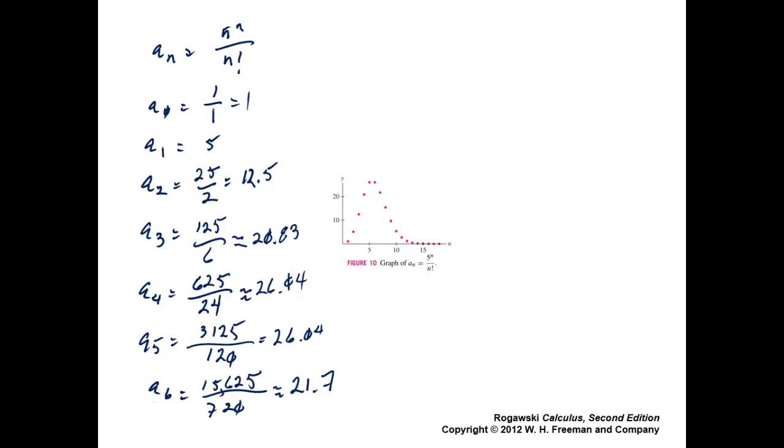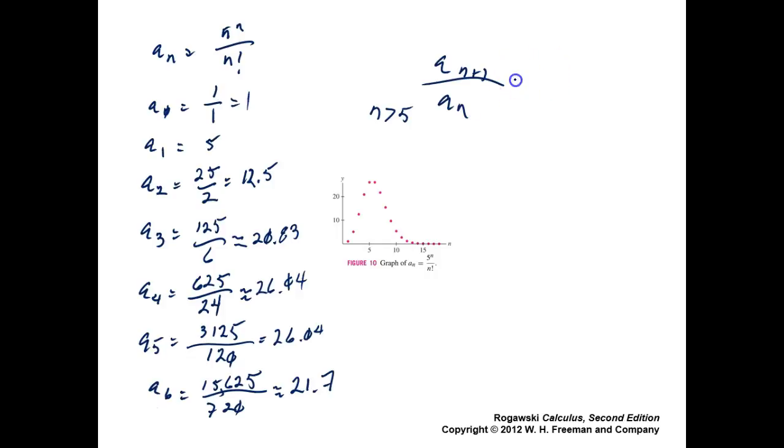After n equal 5, so for n greater than 5, a sub n plus 1 over a sub n. That's the thing that's of interest here, okay?